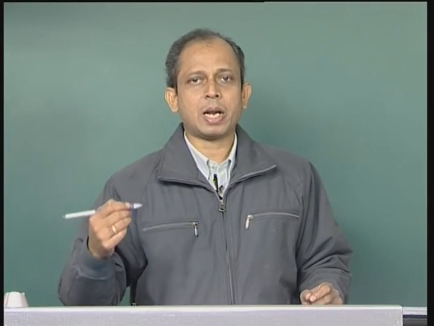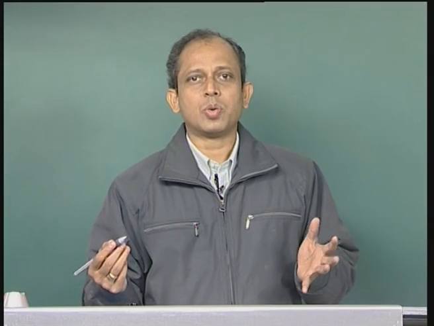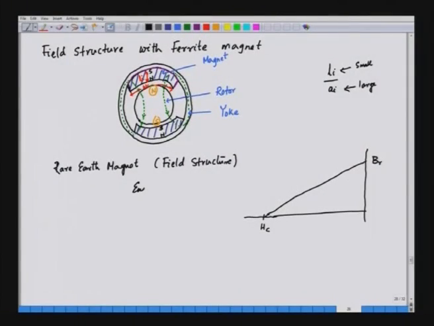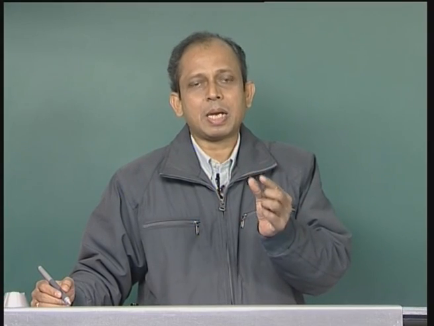Because of large Br and large Hc, we have large energy stored, because the energy stored per unit volume is half into B into H. So, this will result in a BH product curve like this, and it is sufficient to have a very thin magnet yet have a considerable amount of flux density.